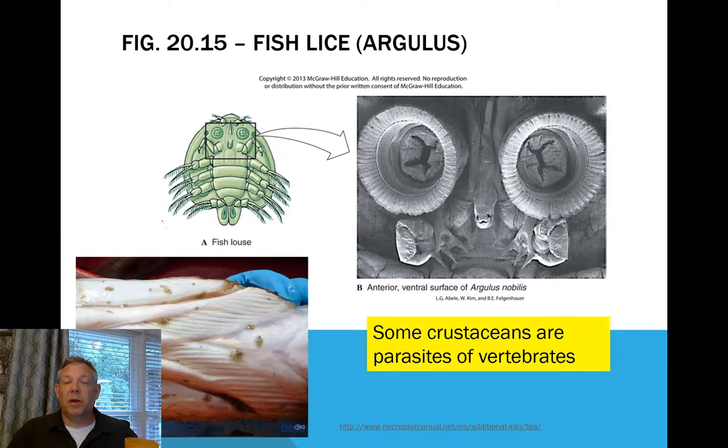Here's an example of Argulus, which is fish lice. And so the picture down here in the lower left is the ventral surface of a fish, and you can see the Argulus that attach to them.